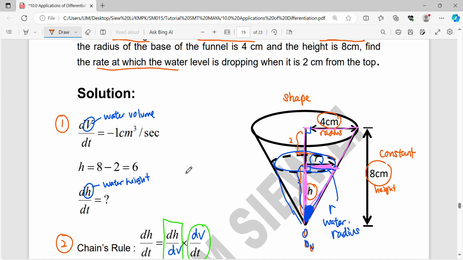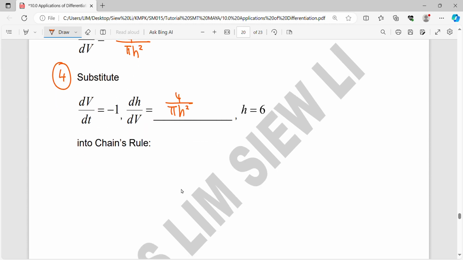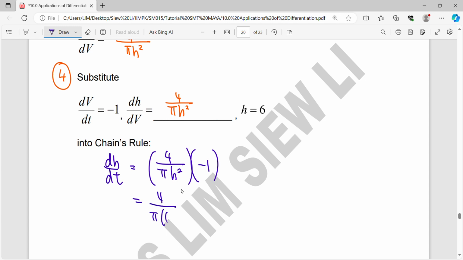So the height is equal to h. So this is the value that we need to substitute into our chain rule: dh/dt equals dh/dV times dV/dt, and h is equal to 6.